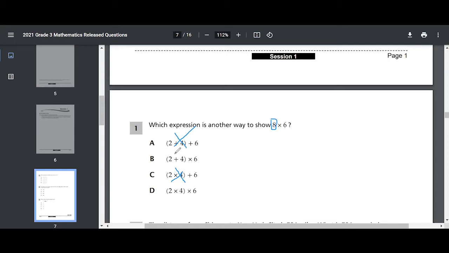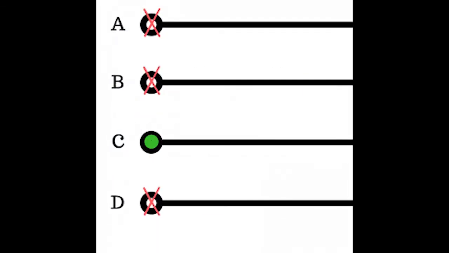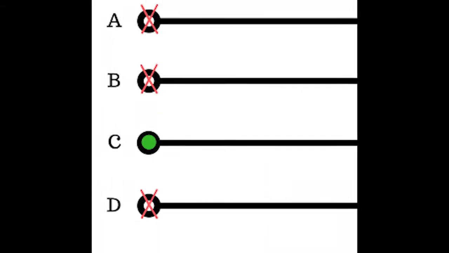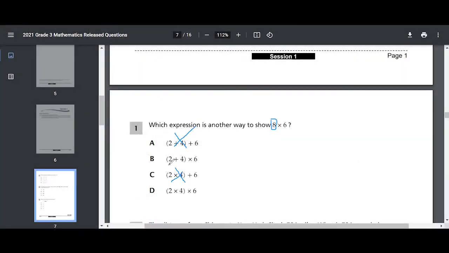I know that 2 plus 4 is 6. Therefore, answer choice B is eliminated. That leaves answer choice D.